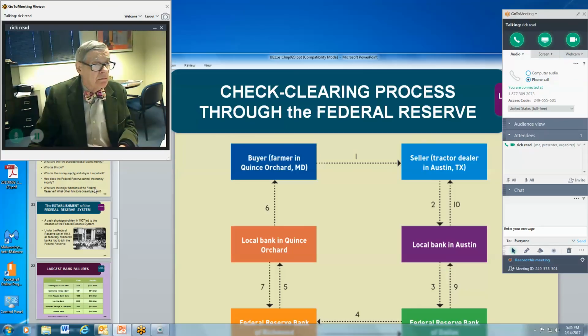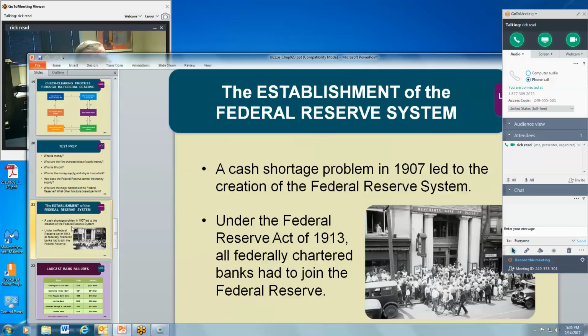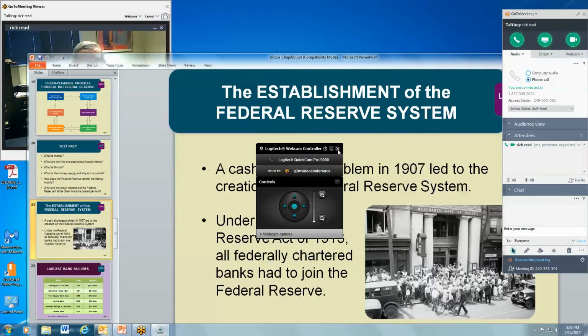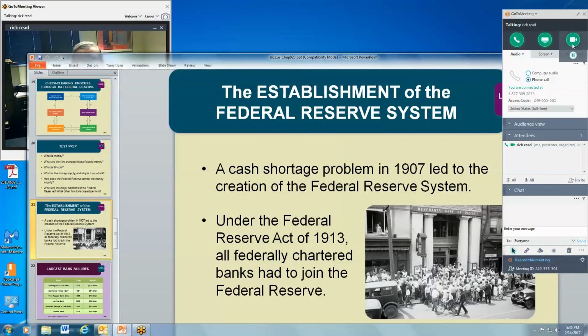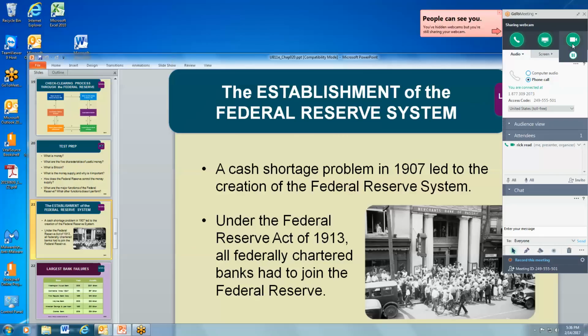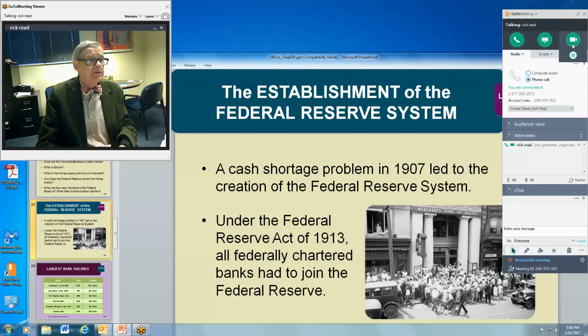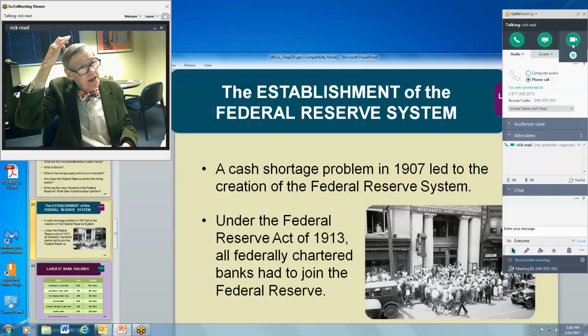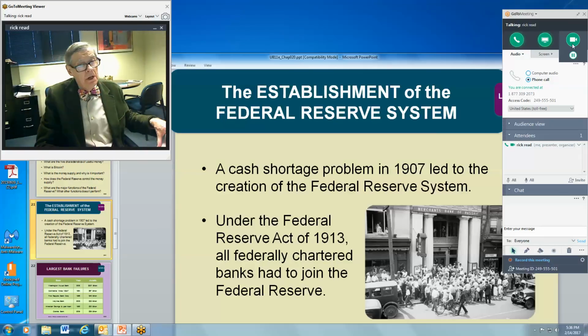The Federal Reserve was established as a consequence of a cash shortage that occurred in, pardon me, in 1907. Many people say that J.P. Morgan, a very influential financier in those days and bank owner, actually precipitated that problem.